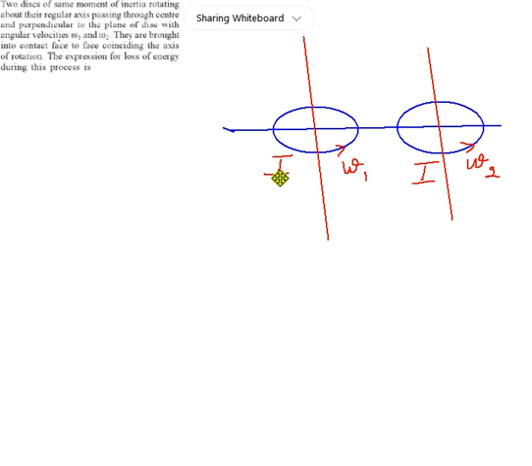Okay, and when we come to the second part, this disc is going to move and sit on this one, coinciding with this system. As a result, we are going to have both of them as a combined system.